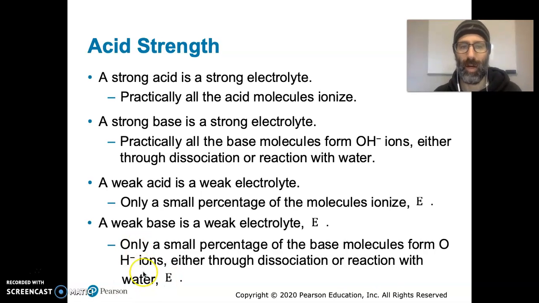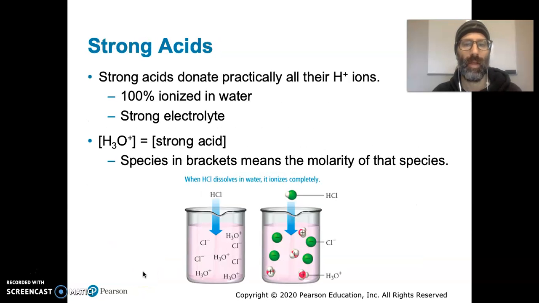So let's move on and talk about strong acids. Strong acids donate practically all of their H plus ions. So pretty much all of the hydrogen, the acidic proton in your acid, is ionized, released, or given off. And again, we call these strong electrolytes.